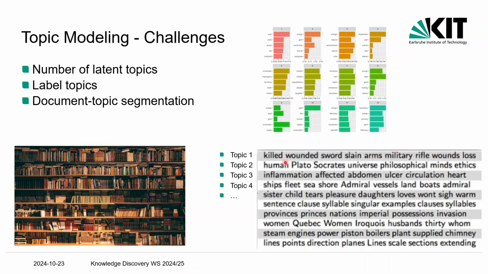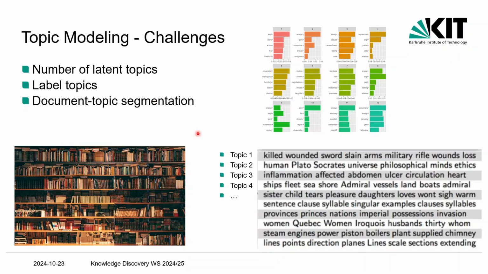Well, a simple way would be, for instance, to ask a language model, hey, can you tell me what's in common for all of these words? But that would kind of be a baseline. Yes, and then where do you do the segmentation for a topic within a document? Where does one topic start and the other one end? Where does one topic end and the other one start, rather?